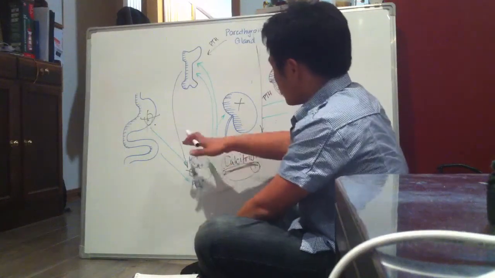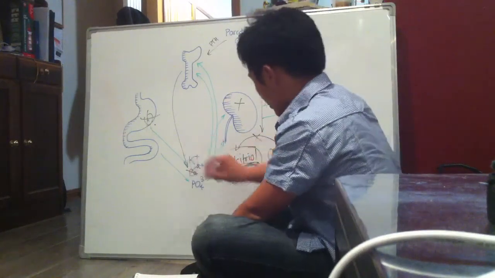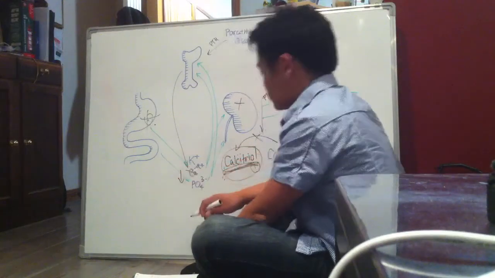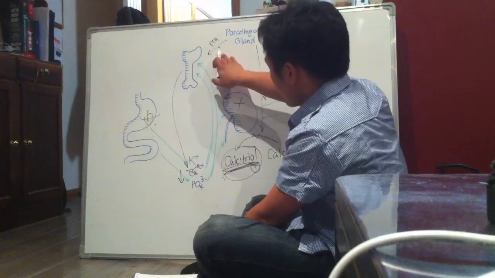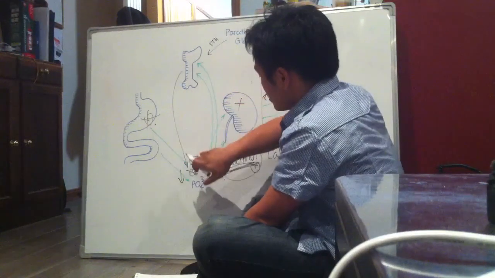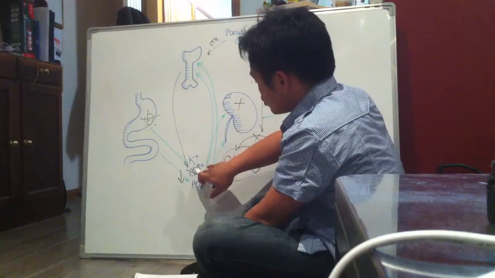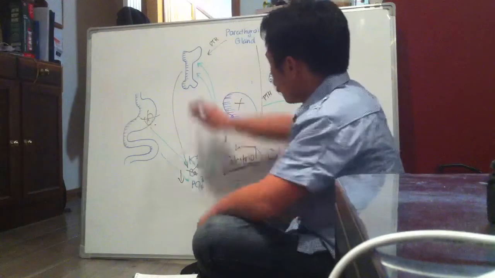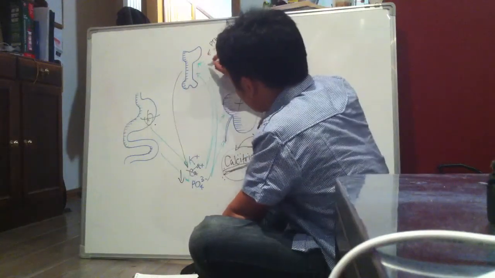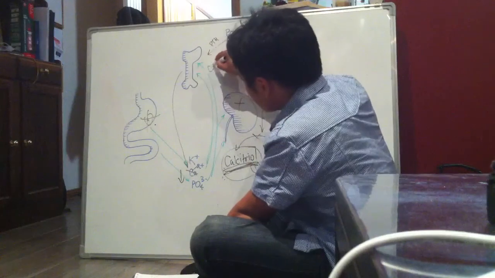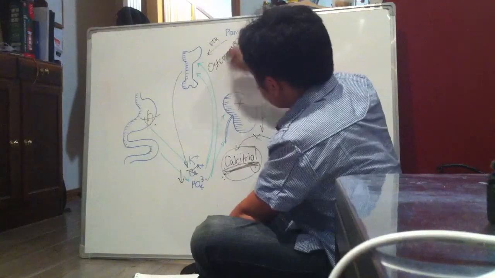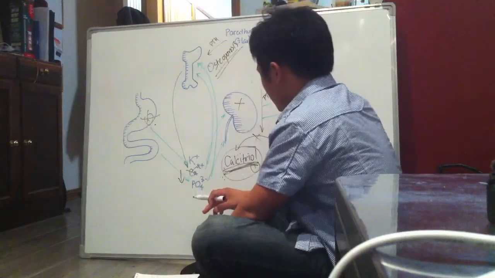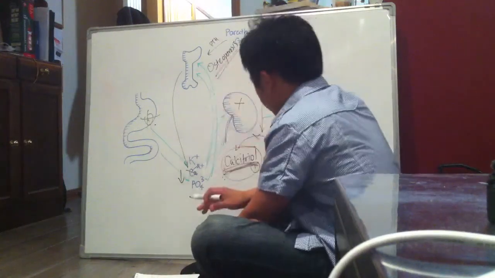So initially you get low calcium, then the parathyroid glands release parathyroid hormones, then the bones put some more calcium into the blood. Over time you get weak bones. Your bones lose a lot of calcium and you get osteoporosis. That's over time.